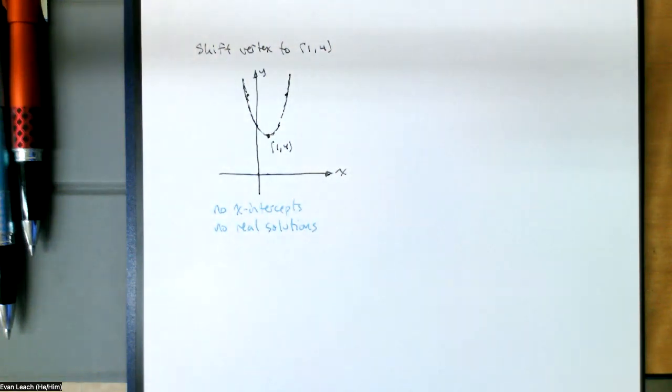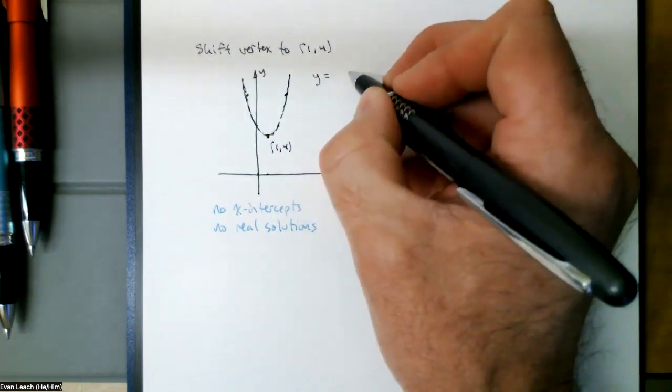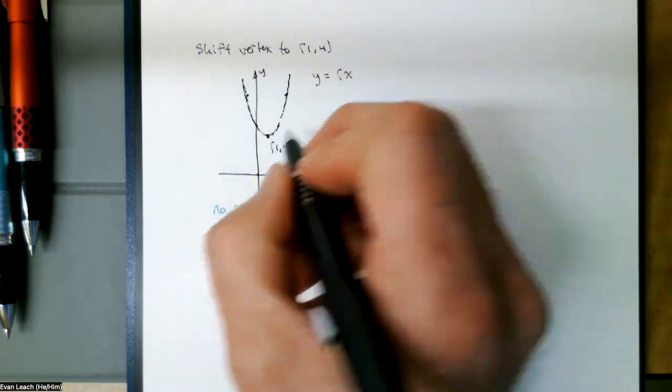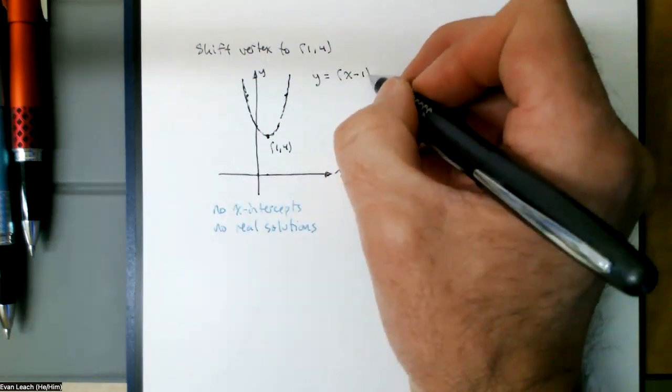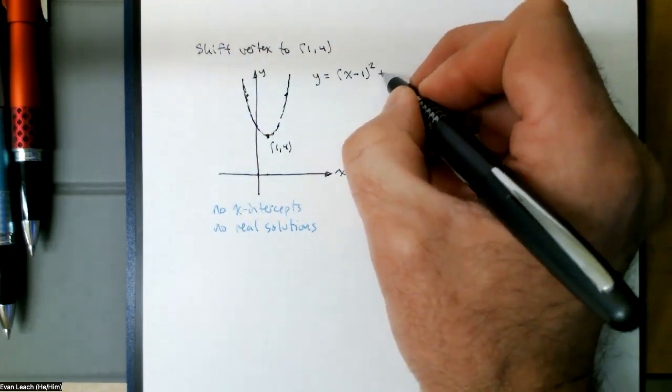Let's write down what the graph of this function will look like. Instead of y equals x squared plus 4, since I've shifted over 1, I'm going to put in a horizontal shift of 1 to the right, then square, and then add 4.